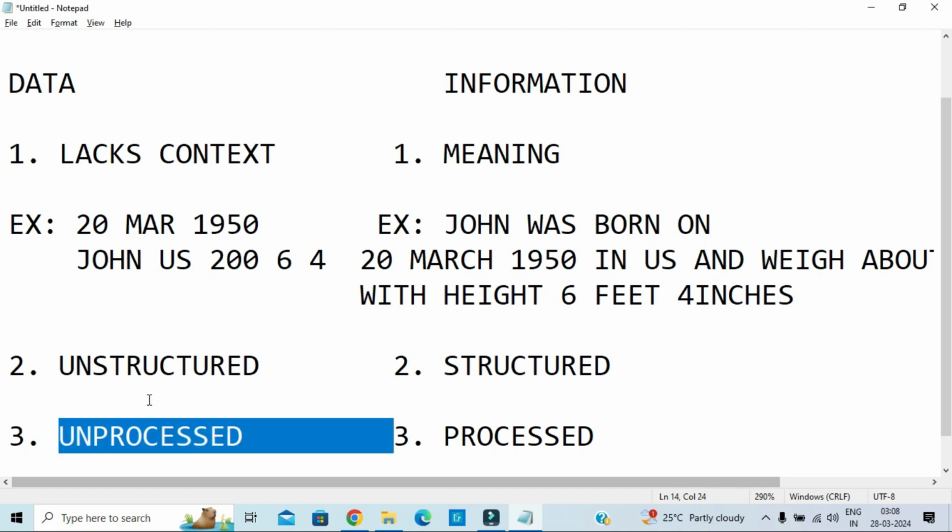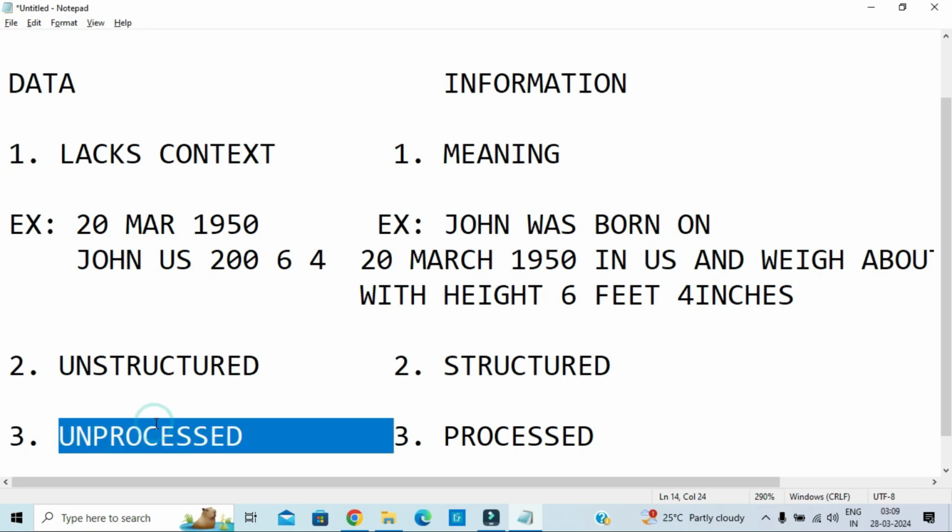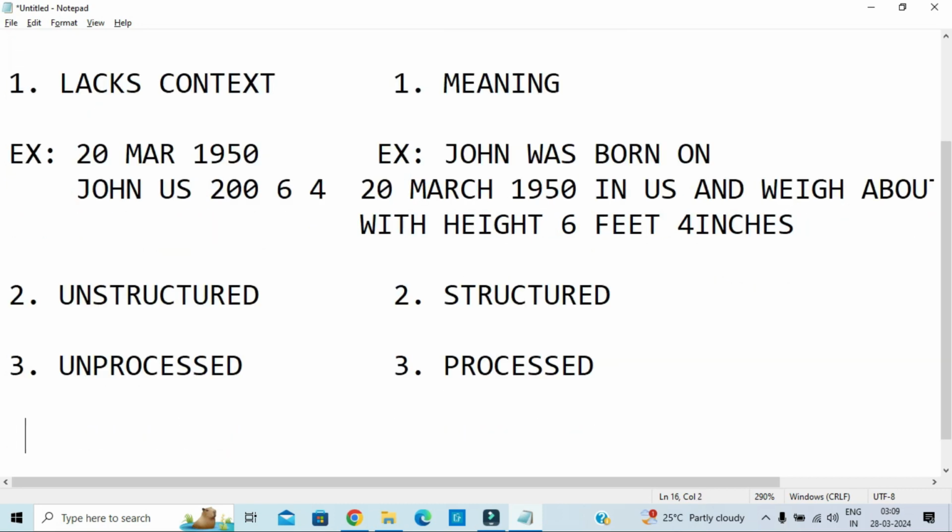Because unprocessed means it hasn't undergone a few operations like sorting, correcting errors and mistakes, and removing duplicates. I'll give an example. Just look at this.